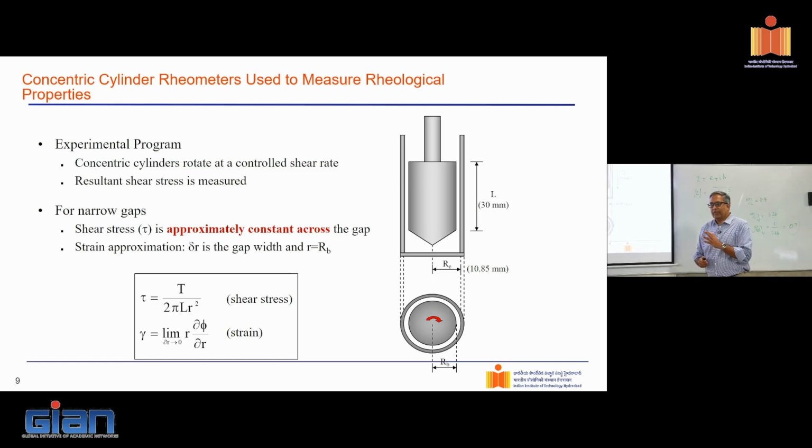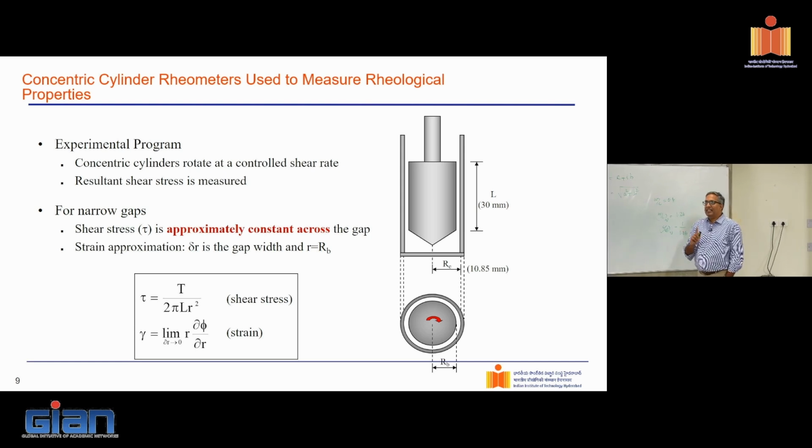So with our calibration constants, we try to calibrate out these two effects, the inertial effect and any variation in the stress field. And from there, we infer what is the shear stress and what is the strain rate that we get from any geometry that we use.